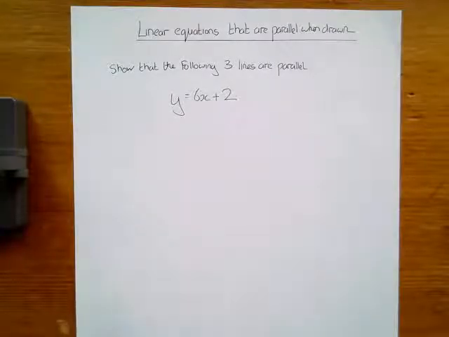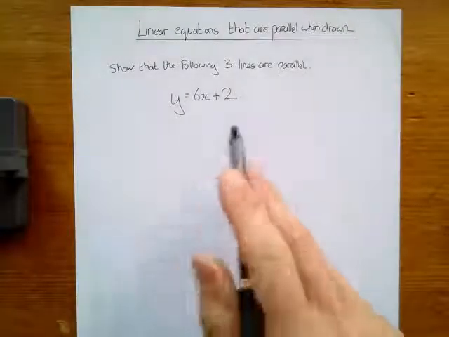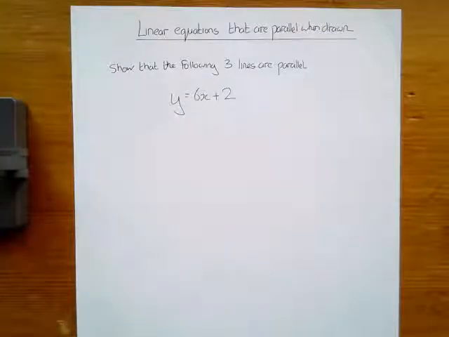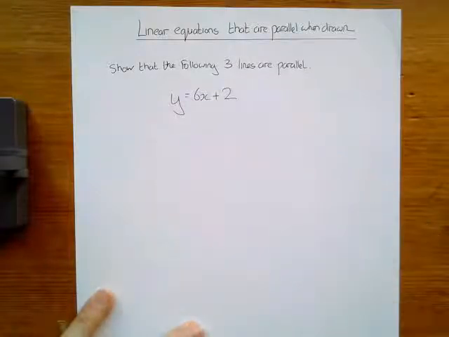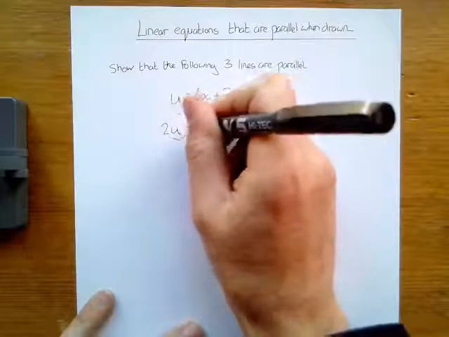I've talked about this many times, okay? It's the number in front of the x, as long as it is written in this form, y equals 6x plus 2. So we're going to show that that line is parallel to these other two lines, and the other two lines are given by these equations.